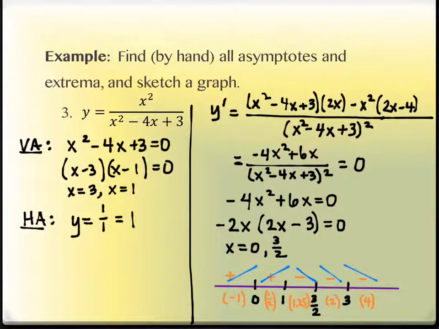What does this tell me? Right here is a max. And if I plug the number 1 back into the function and find y of 1, I will actually know what that maximum value is. Can you tell what it is?